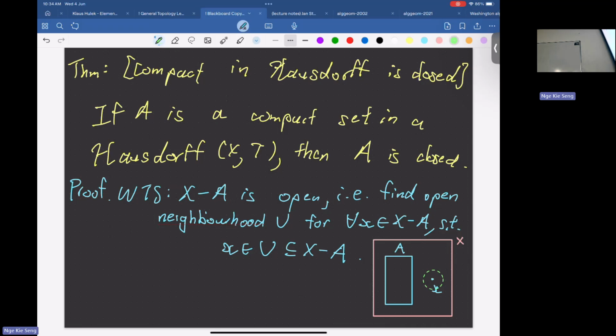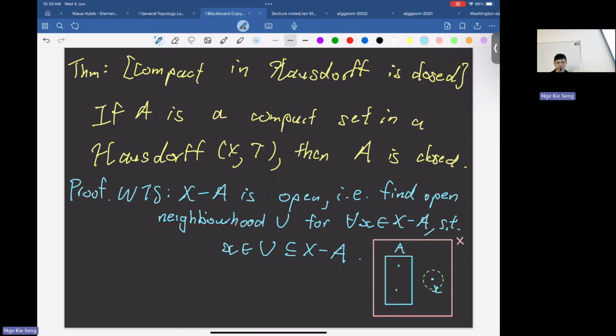So the whole space is Hausdorff, meaning if you take another point in A, there's some open set that can fully separate it from x.